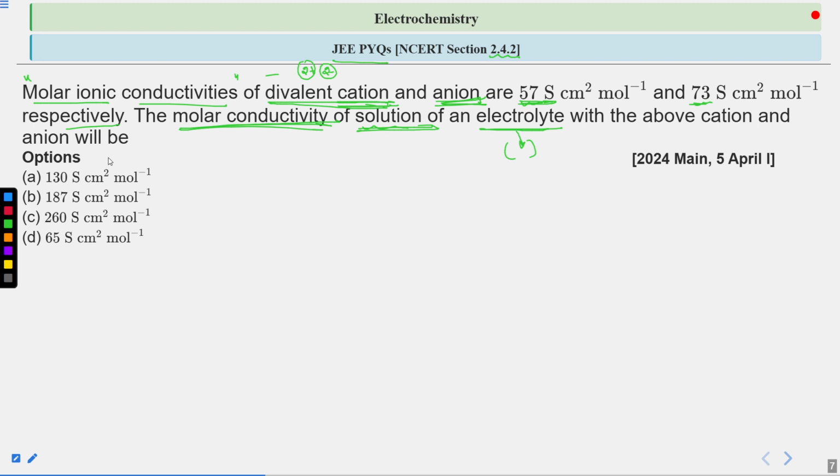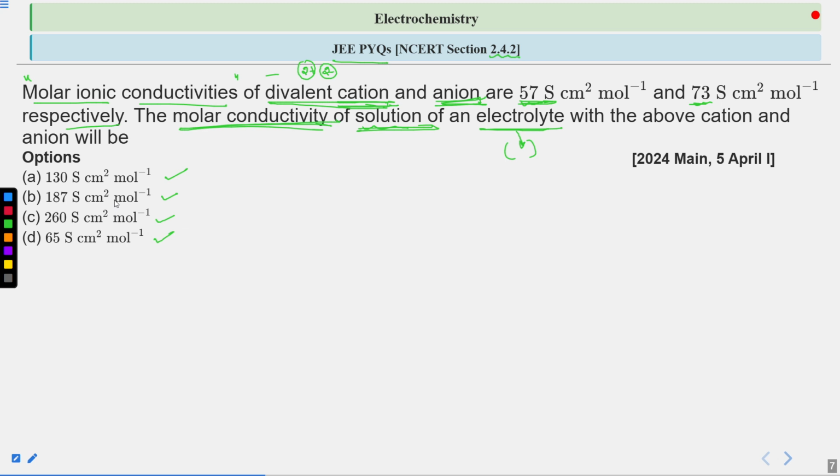The four options given are 130 Siemens centimeter square mole inverse, 187 Siemens centimeter square mole inverse, 260 Siemens centimeter square mole inverse, or 65 Siemens centimeter square mole inverse.